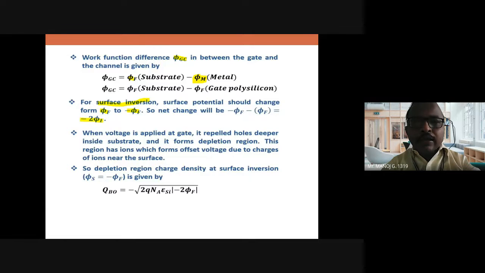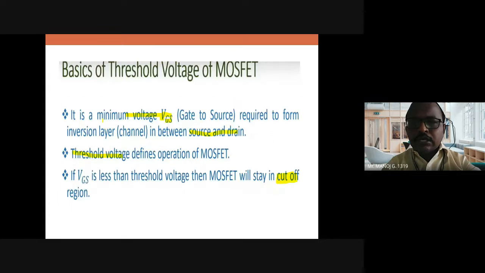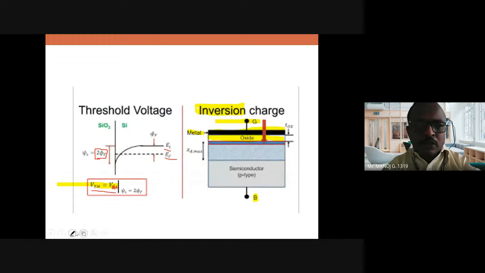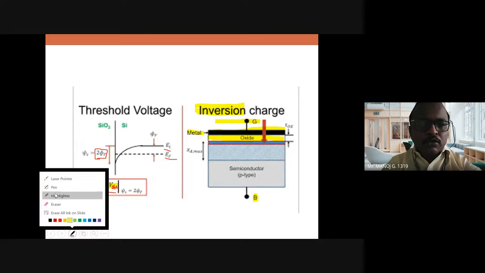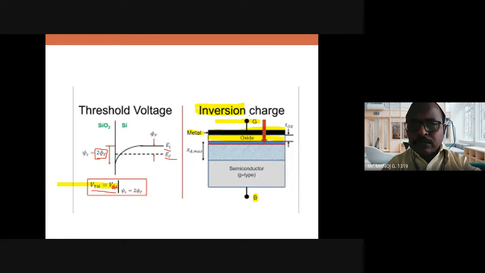Look at this, this is the gate, you apply a positive voltage, and this positive voltage will enter into this gate. Via this gate, it enters into the depletion region. Once this hole enters this particular region, it becomes an ion. Once it gets transported, it becomes an ion, and once it becomes an ion, it starts moving.